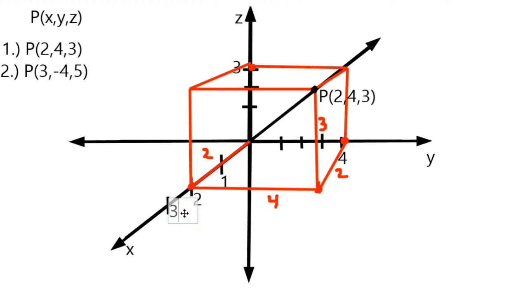So we put 3 here, where we extend our number line, and here we put negative, so this is -4. Then on the top, that is going to be 5. We extend our number line on the top.